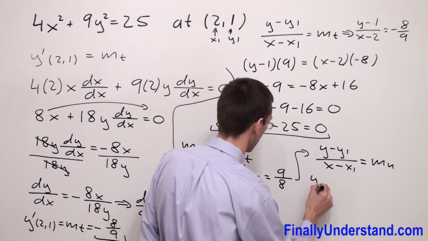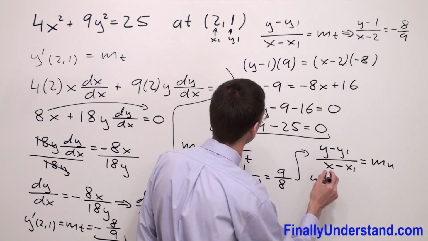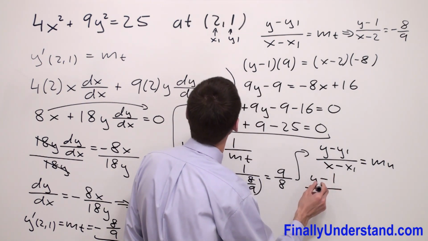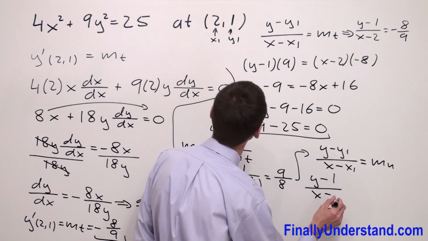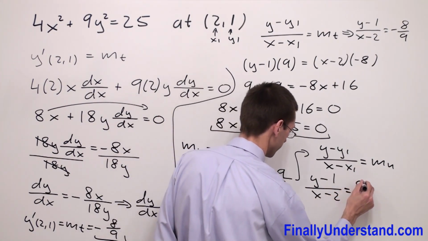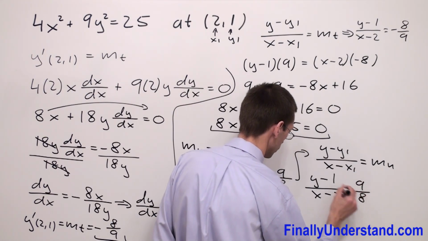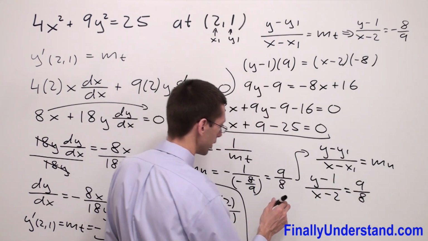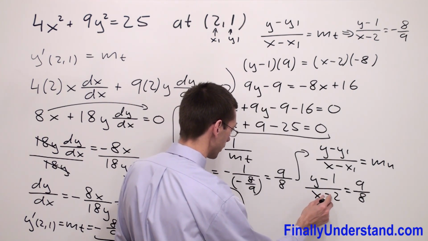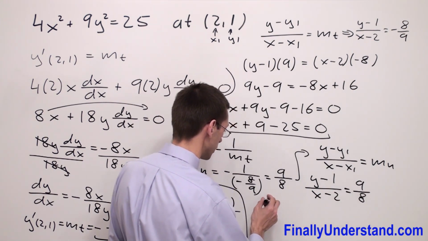So I have (y minus 1) over (x minus 2) is equal to 9 over 8. Again, we're supposed to cross multiply, and we are going to obtain (x minus 2) times 9.